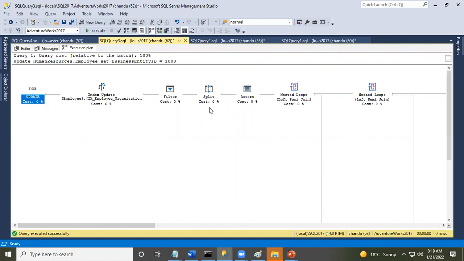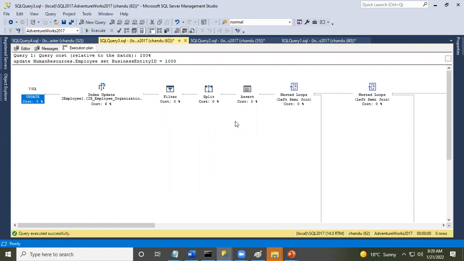In the transactional log file, you will not have the exact data. You will have the transaction information, like either it is update or insert. That information will be written in the transaction log file. Only information will be there.